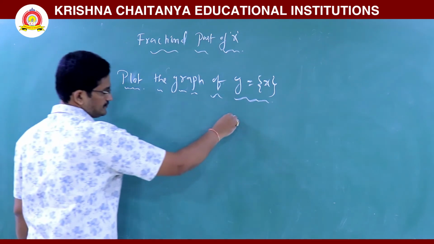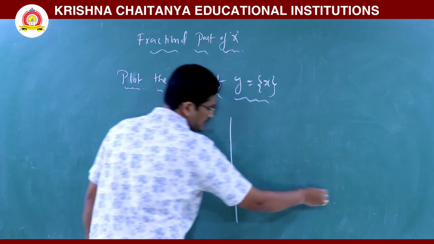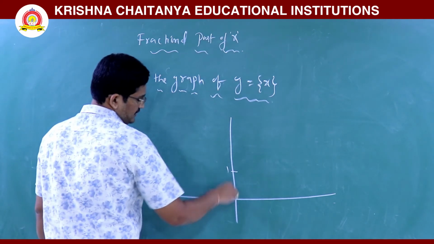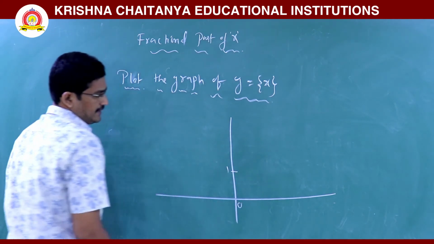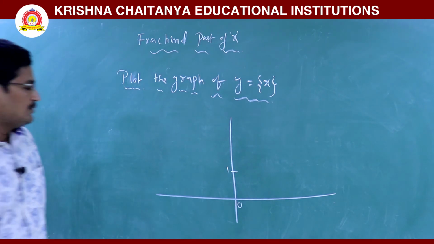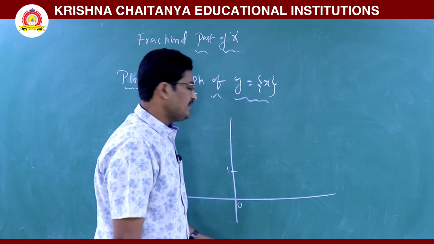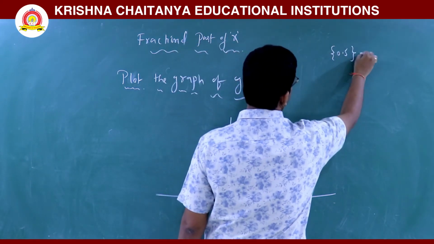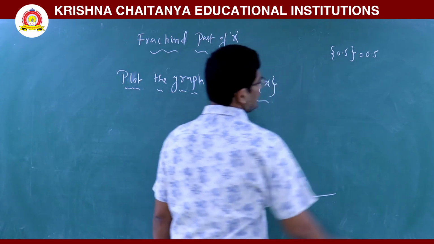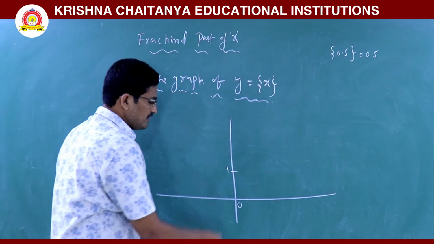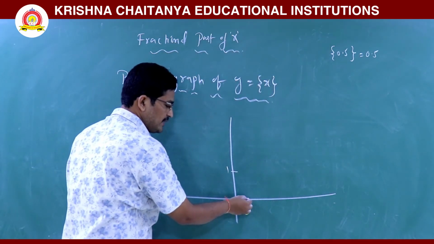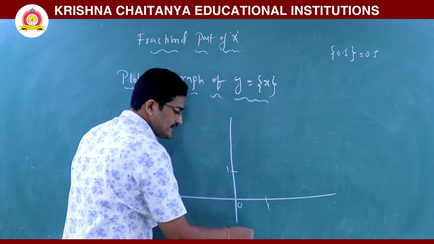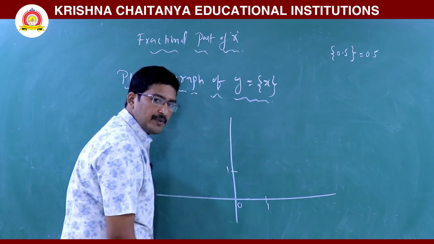So, see, this is our coordinate system, you know, 1, 0. What is the fractional part of 0.5? The fractional part of 0.5 is 0.5, you know. The fractional part of 0.1 is 0.1, of 0.5 is 0.5, of 0.6 is 0.6, of 0.9 is 0.9.